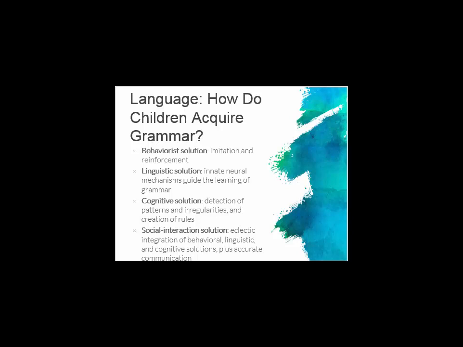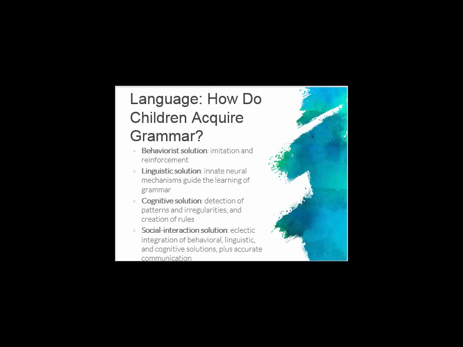The cognitive solution would say that children learn grammar through powerful cognitive skills that help them rapidly detect speech patterns that they hear in their environment. So, according to the social interaction perspective, language learning takes place in the context of interaction between children and adults.